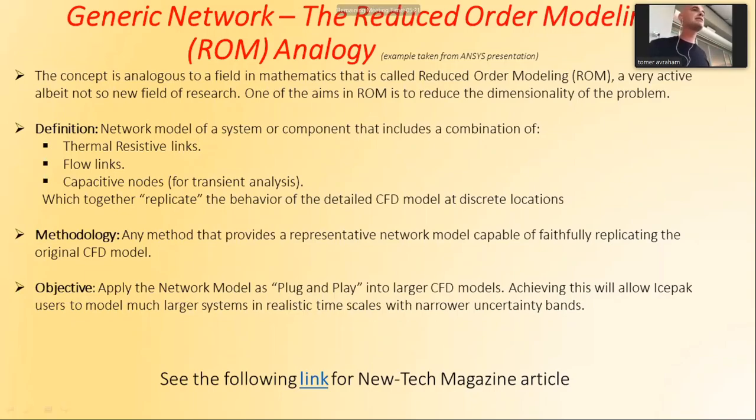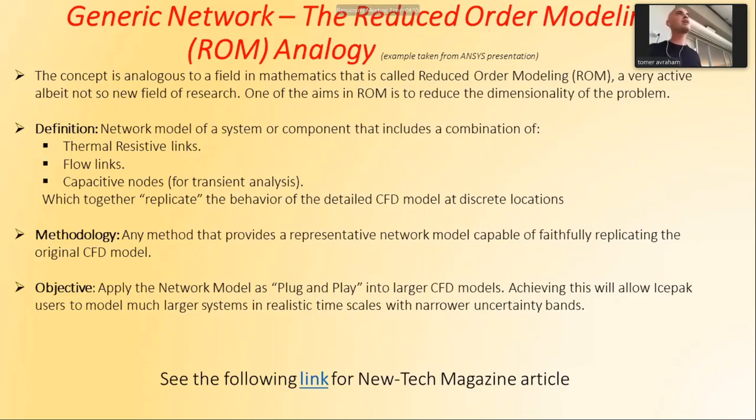So now we're going to see a network model of a system of components with a combination of thermal resistive links. You know them, like the RJC, RJB, the ones from Delphi. We're going to see flow links, which is very interesting. We're going to have a reduced order model like the thermal resistance we had, but for flow.